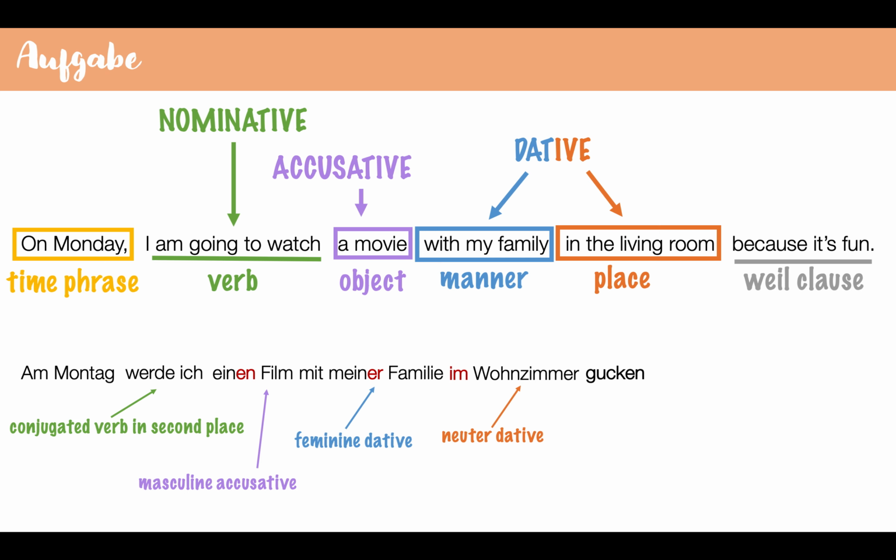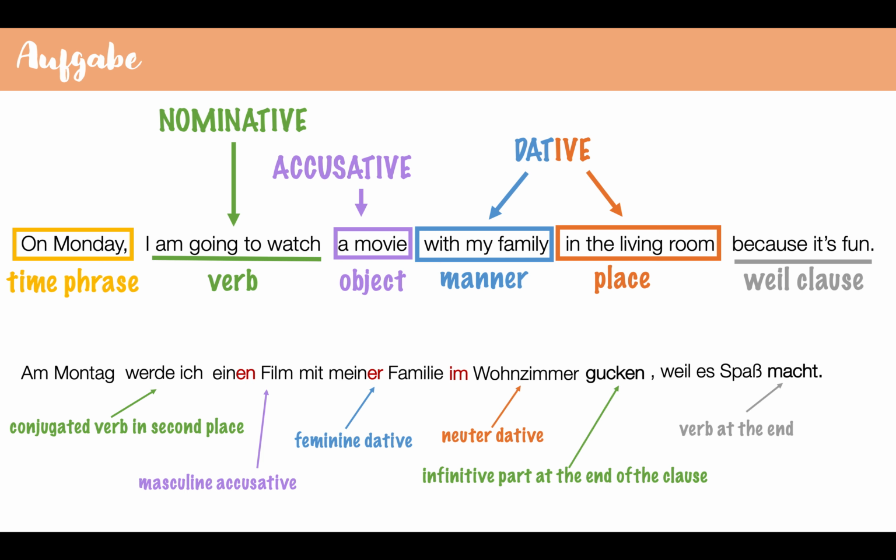I have all my elements in the right spot, and werden sent the verb gucken at the end. Now I put my little comma and I'm going to do because it's fun, weil es Spaß macht. Okay? So that's my verb at the end. Don't forget your capital letter for Spaß.